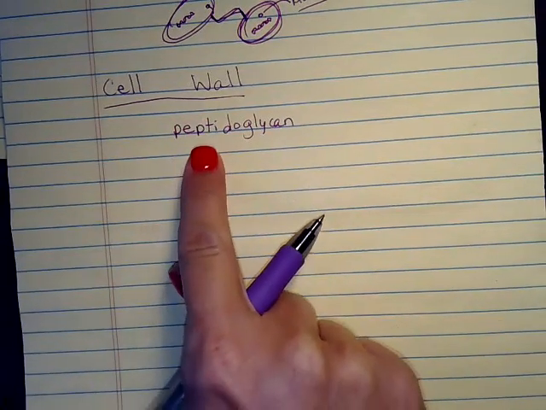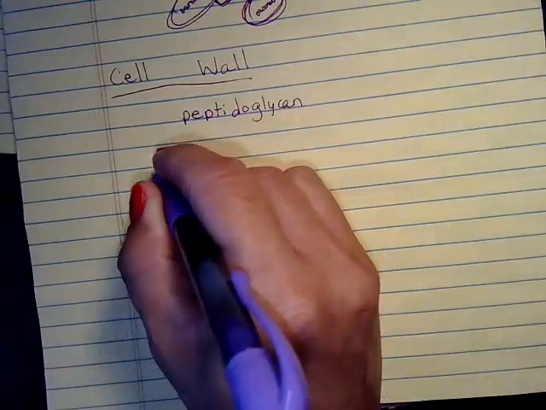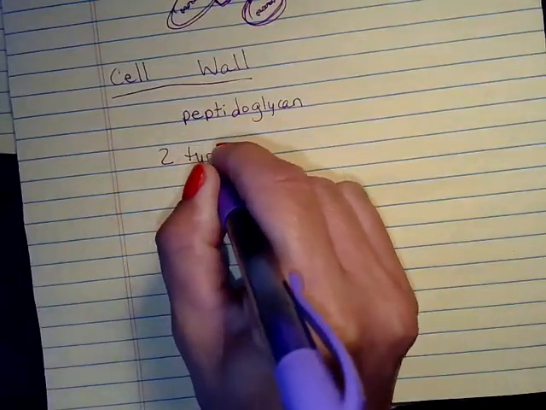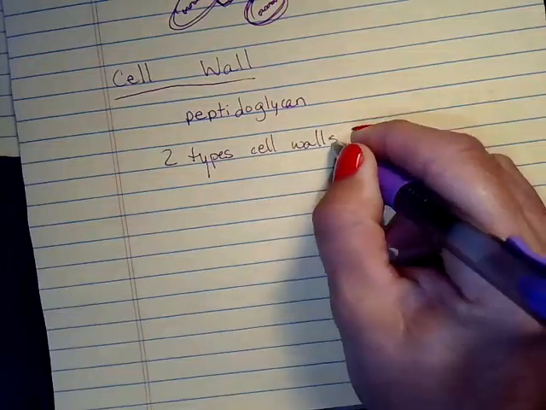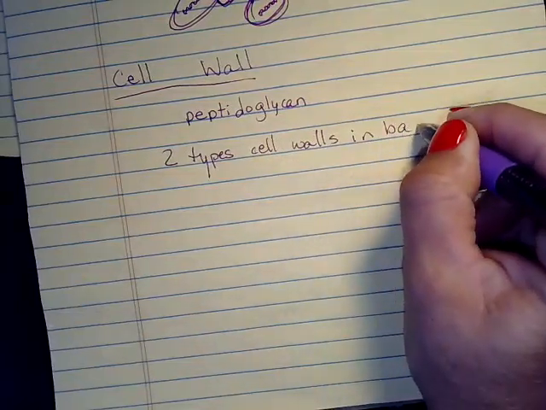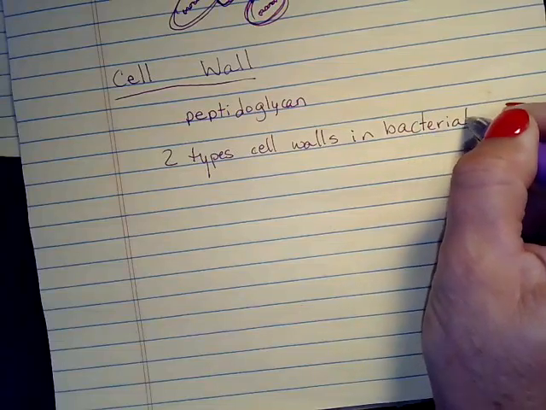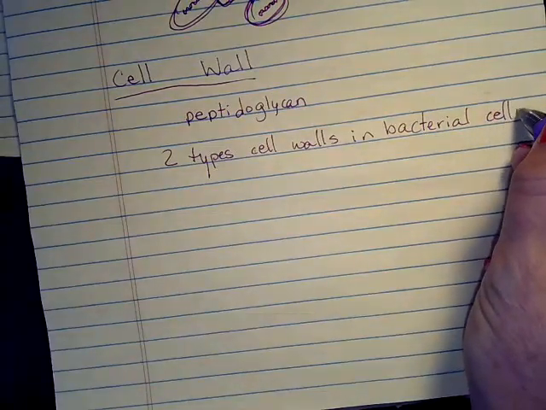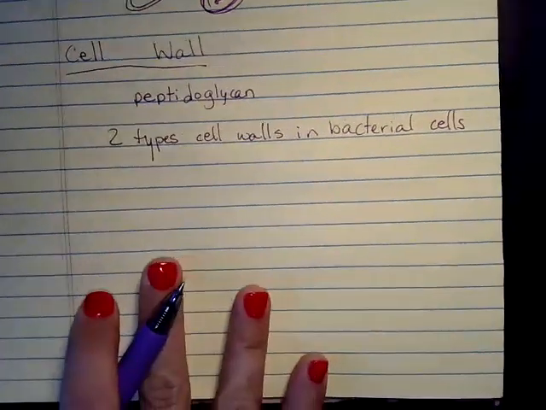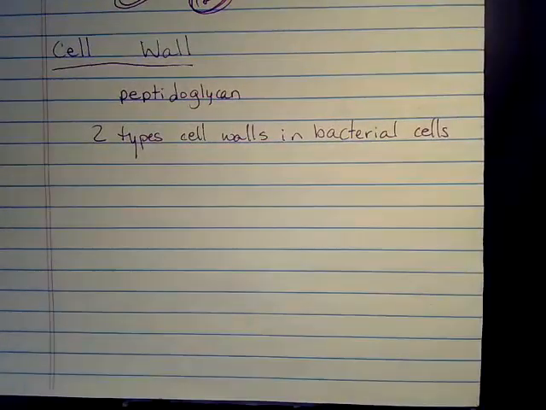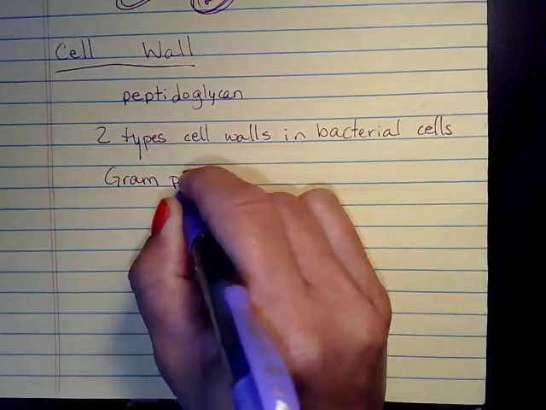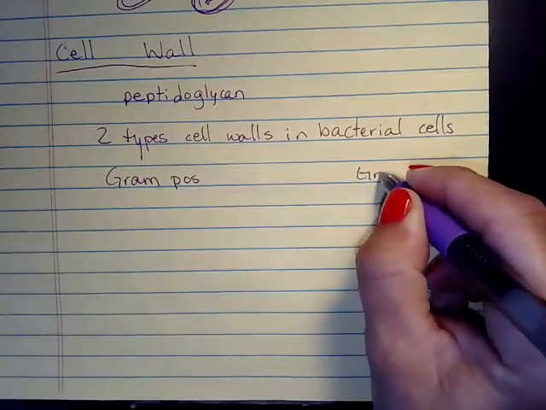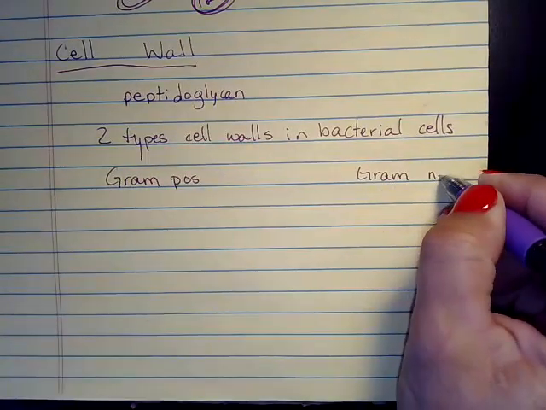Now, let's take a look at the difference, because there's going to be two types of cell walls in bacterial cells. So notice I also said in bacterial cells. The two types, one of which is known as gram-positive, and the other which is known as gram-negative.